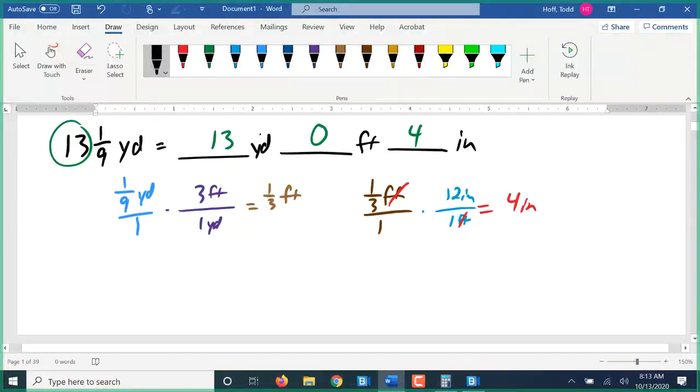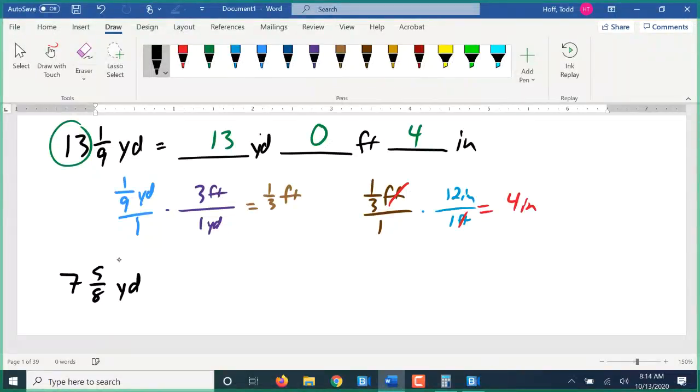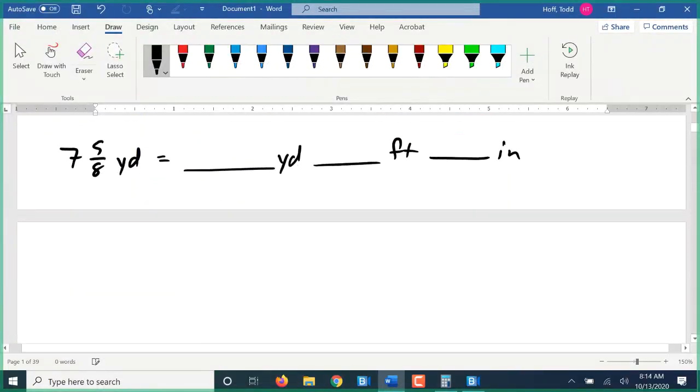Now we might have something like 7 and, let's do 7 5/8 yards. And let's do that as yards, feet, and inches. So again, I'm just going to pull the whole number off. My 7 becomes my 7 yards.